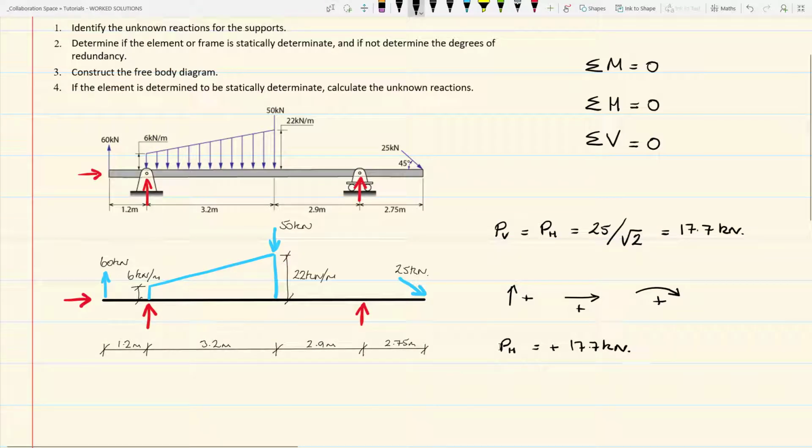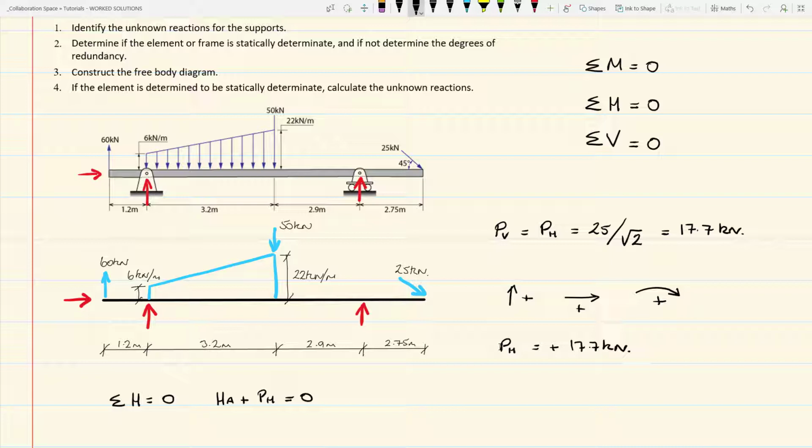If we are going to maintain static equilibrium in the horizontal direction, we can write the sum of the horizontal forces equals 0. And from there we can say that HA plus the horizontal action associated with the point load, so that's pH, equals 0.